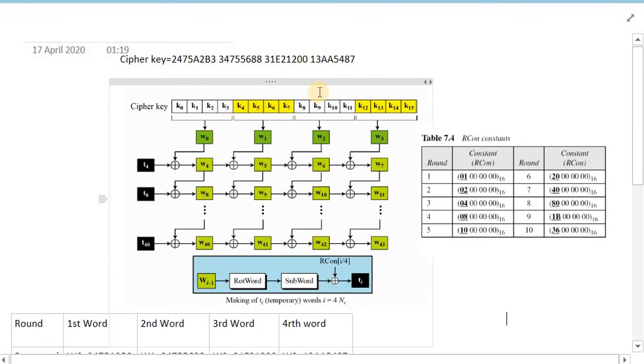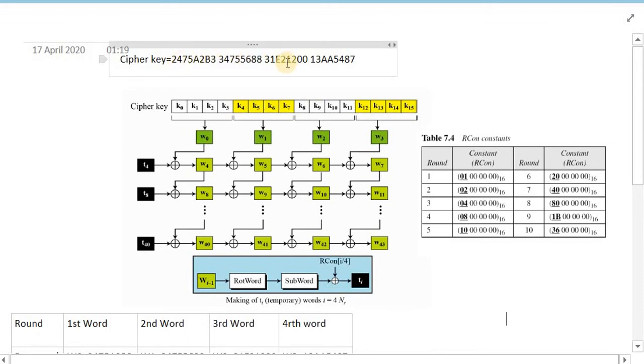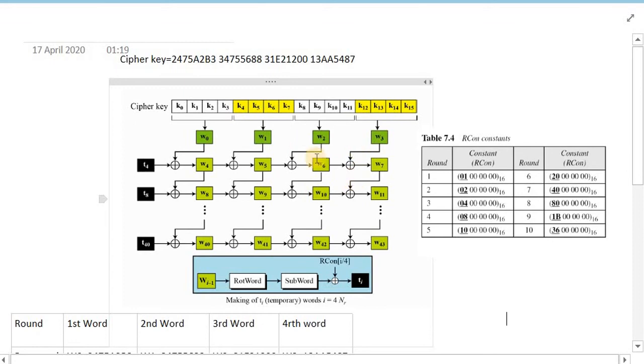Now in the key expansion process, my cipher key is given. Before that, just understand the diagram. What does the diagram say? For the pre-round transformation, we have to just perform the add round key transformation. Means we just add our key value into my plain text, and this key value is in matrix format, state format, as well as my plain text is also in state format.